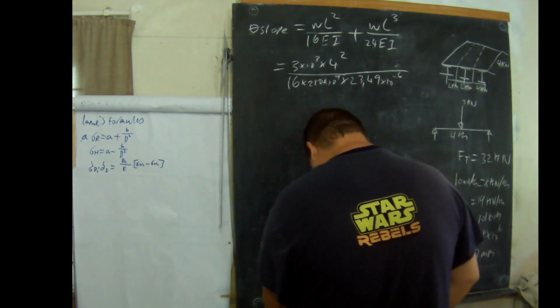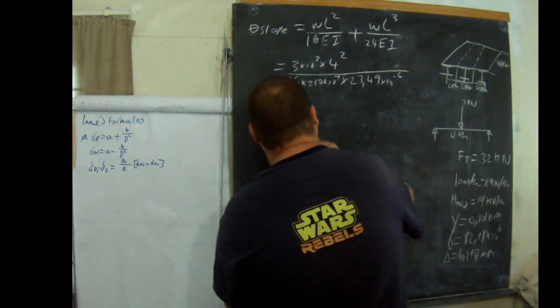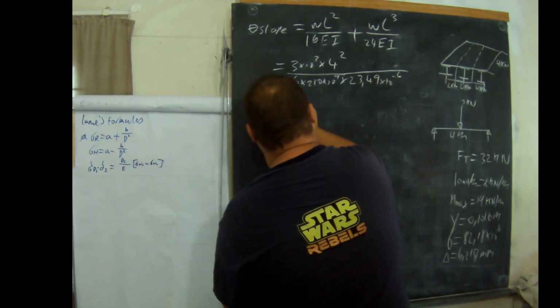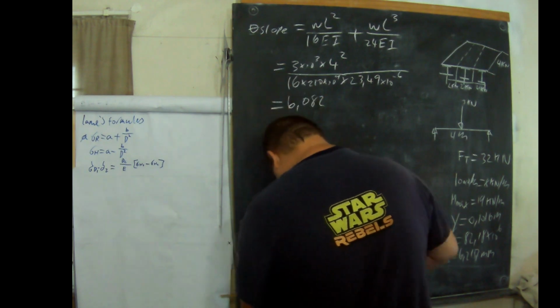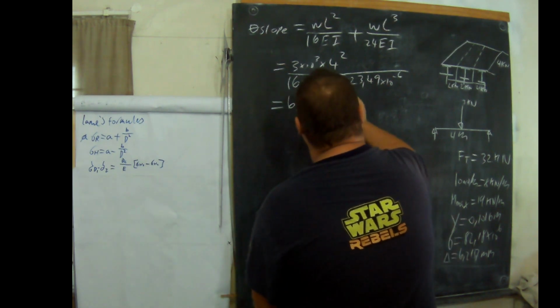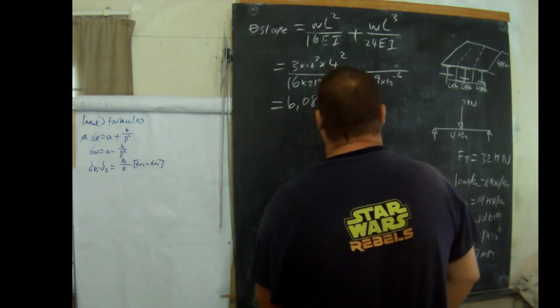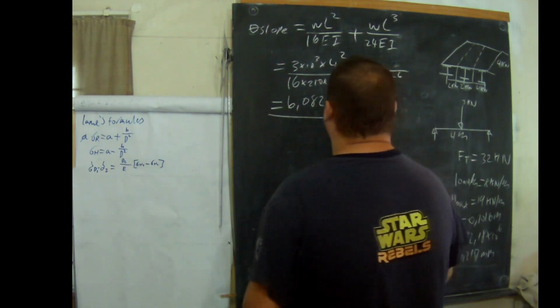Okay, let's get the first number, which equals 6,082 times 10 to the minus 4.